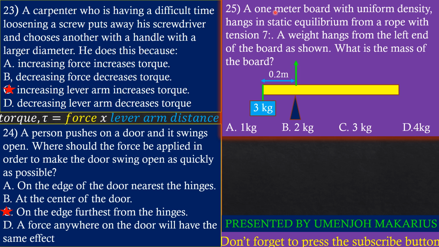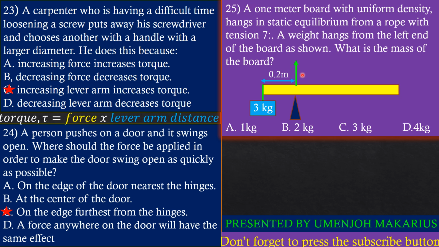Question 25 is saying that a 1 meter board with uniform density hangs in static equilibrium from a rope with tension 7 newtons. A weight hangs from the left end of the board as shown. What is the mass of the board? So guys, they want us to get the mass of this board. Looking at this scenario, we must use the principle of moments, right?